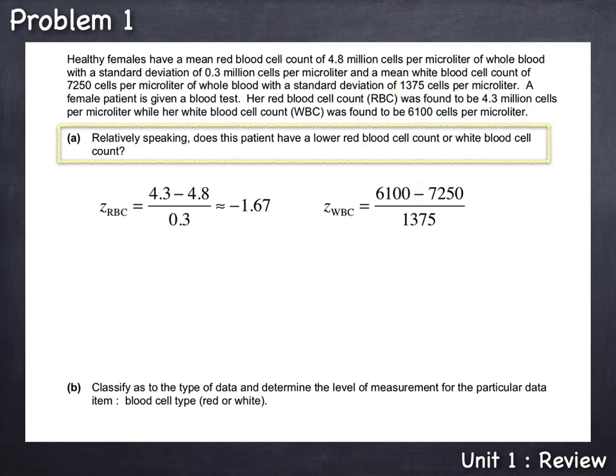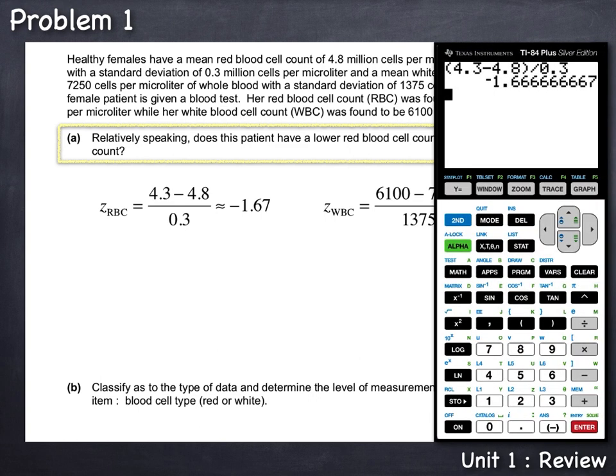Now we can calculate the standard score for the white blood cell count on a calculator by grouping the numerator and going left parenthesis, 6,100, subtract 7,250, close parenthesis, divide by 1,375, enter.